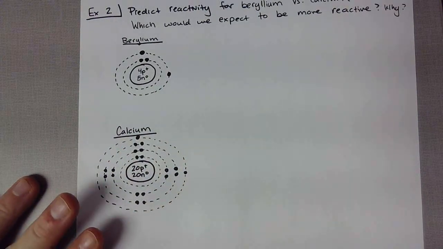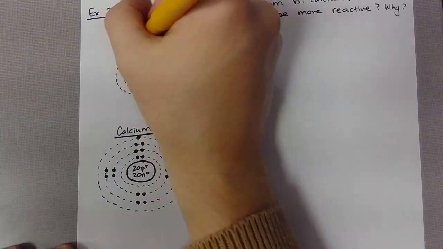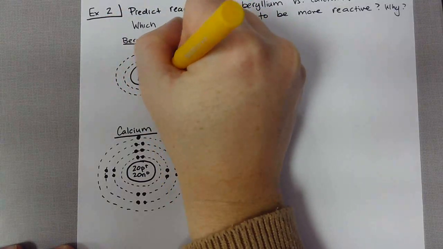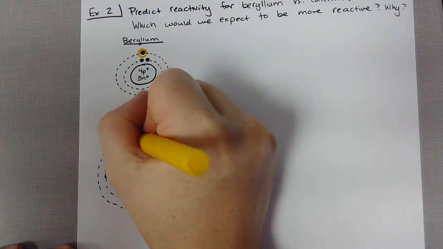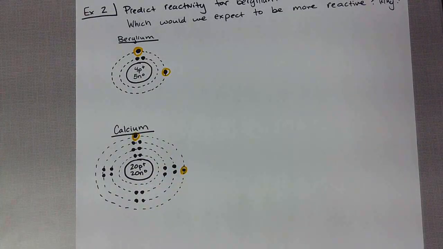Now, the electrons we care the most about for both examples are going to be our valence electrons. So I'm going to highlight those or go around those in yellow. Those are our focal points. And when these elements go to lose electrons, go to form ions and react, they're going to do the same thing.